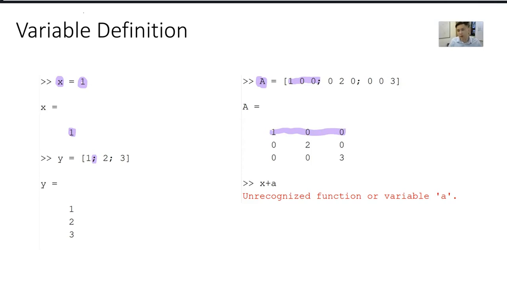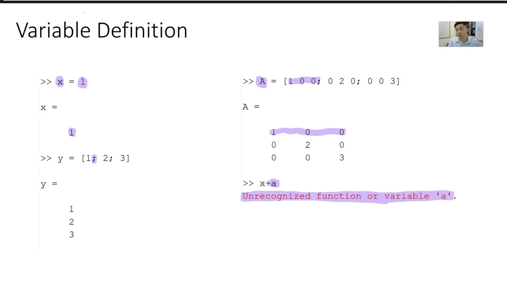If for whatever reason you accidentally call a variable, or if you haven't established the variable value, so in this case we haven't created a variable lowercase a, MATLAB is going to throw back this error for you to consider, unrecognized function or variable a. So this is a reminder to us when we're creating variable names. It's somewhat helpful to have the names be a little bit more descriptive than x, y, and a.